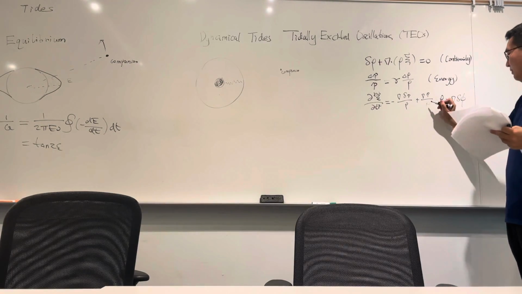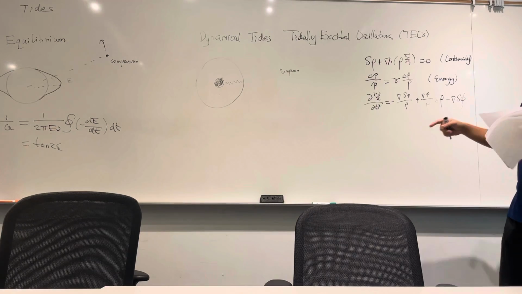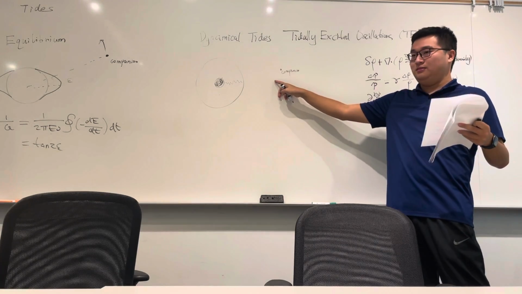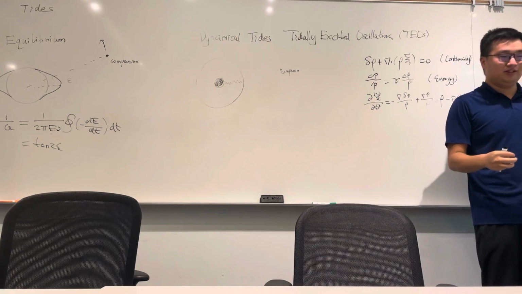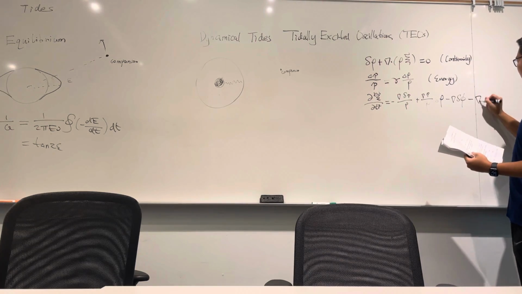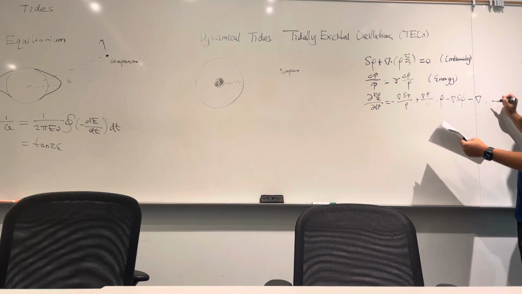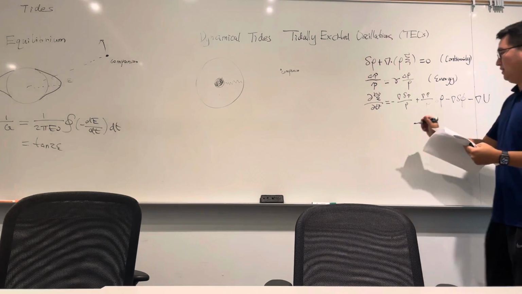But we have one more term, which is the tidal force provided by the companion. This is not included when we're just solving for the oscillations in one star. That term is the gradient of the tidal potential, which we denote as U. So this is the momentum equation.